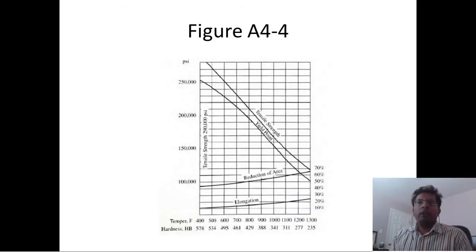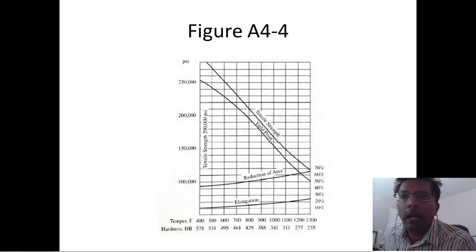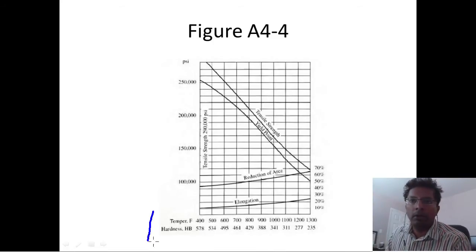This is the figure in appendix 4, for one of the materials. It gives you the elongation and different parameters, but what we'll end up doing is looking at the bottom alone, because we know the material.